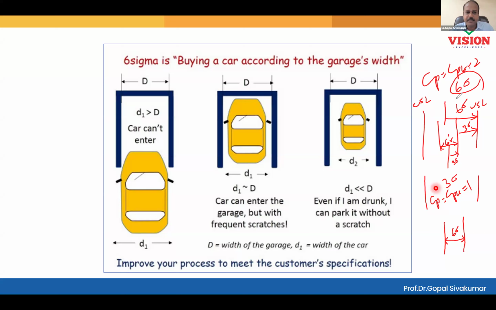All of you understand? Clear? For a 3 sigma process, the guaranteed success rate is 99.73, provided the conditions remain same. Whatever conditions under which you conducted the capability study, if it remains exactly same, the success rate is 99.73. But do you think the conditions will remain exactly same, similar to the time of capability study?